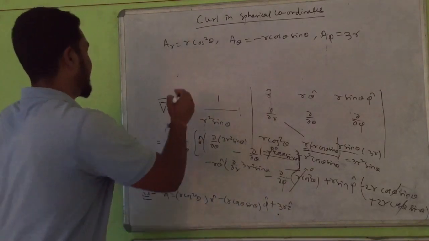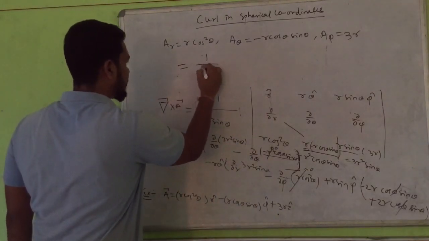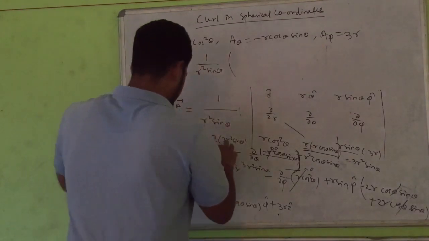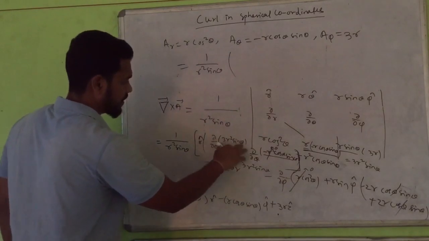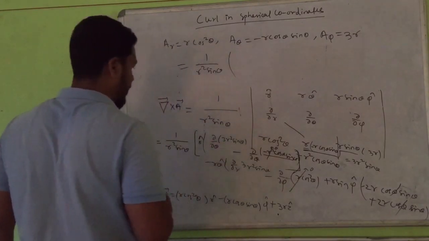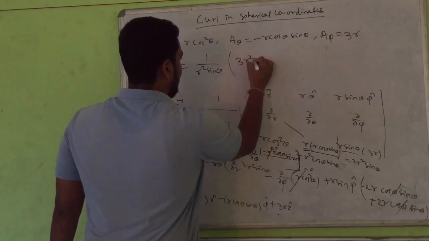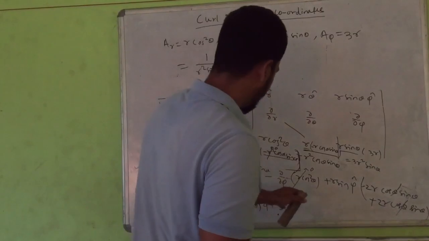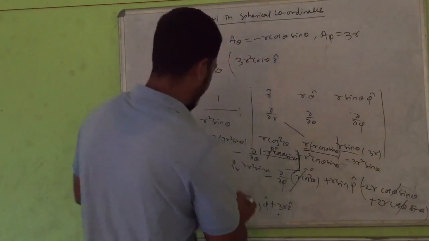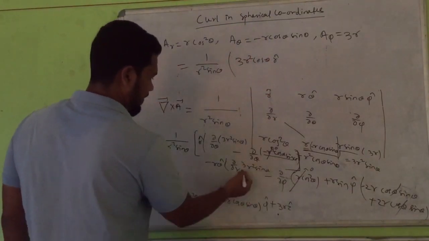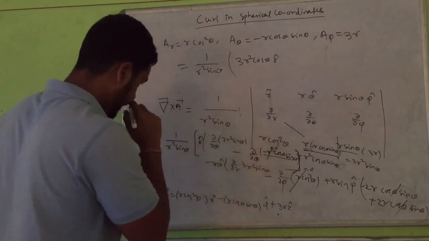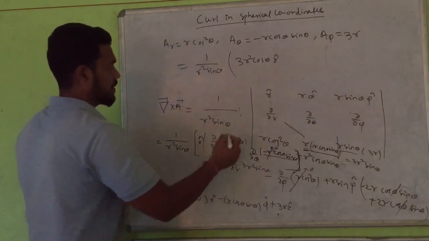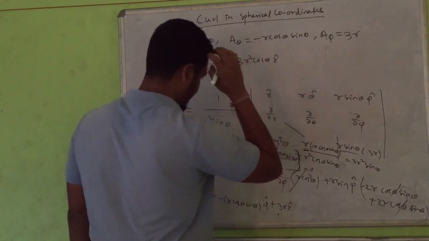So if I write the result here 1 upon r square sin theta, the remaining term is del upon del theta of 3r square sin theta will result to 3r square cos theta r cap minus, from this you will get del of del r 3r square sin theta, you will get here 6r sin theta, and this r will result to 6r square sin theta.